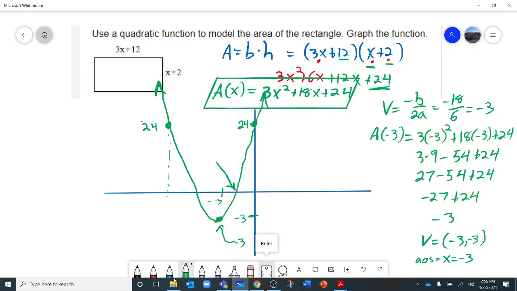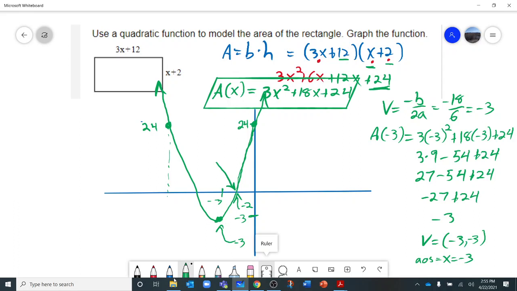Because if you have a side that comes out negative or 0, that's not going to work, right? Actually, if it comes out 0, so this would be negative 2 on the x, because that makes the whole thing 0.